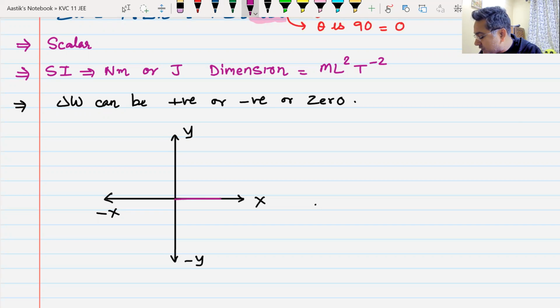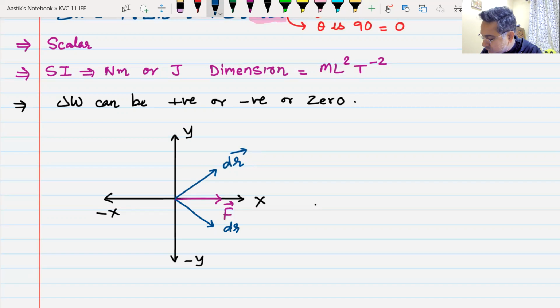If this is my force F, which is applied on the body, and my displacement is anywhere in the first quadrant, or anywhere in the fourth quadrant, the angle between force and displacement would be acute.